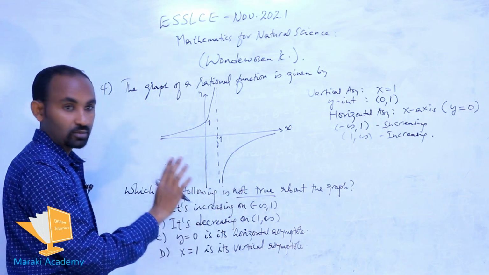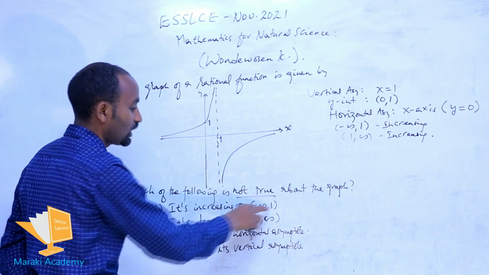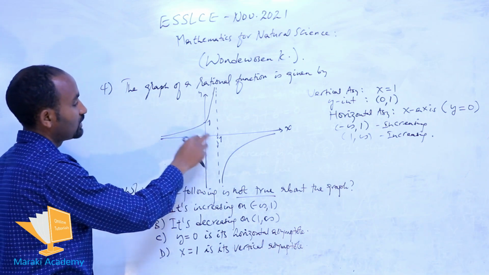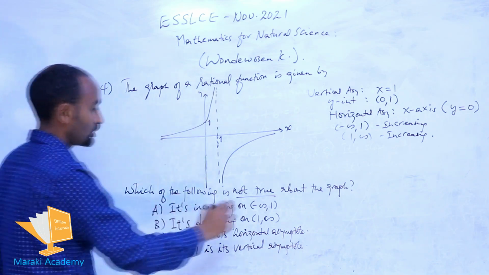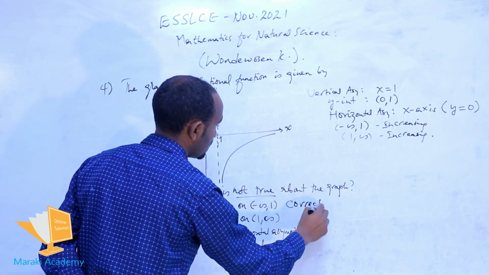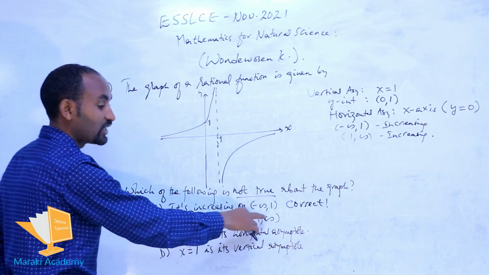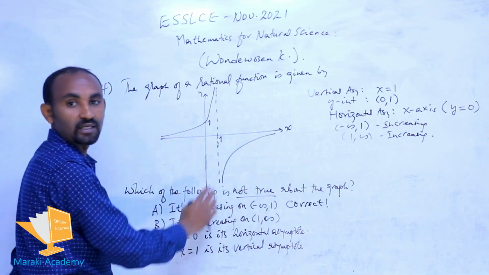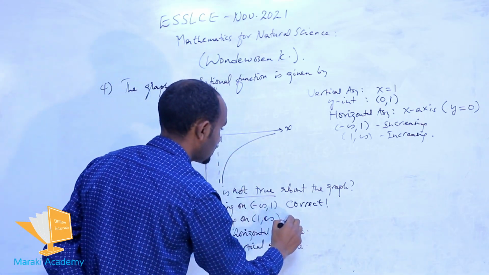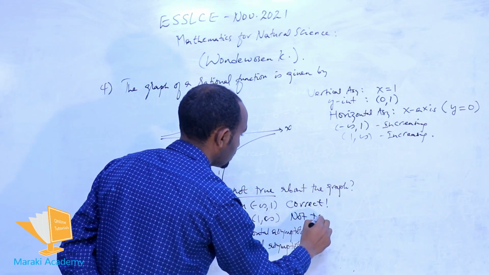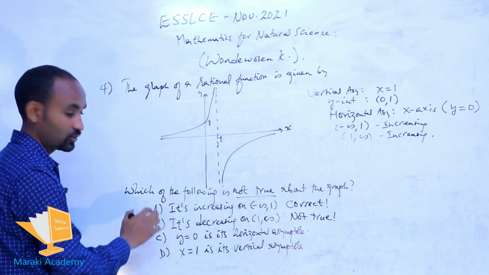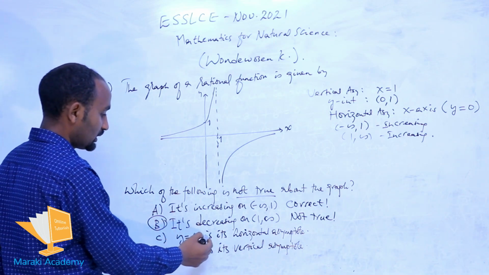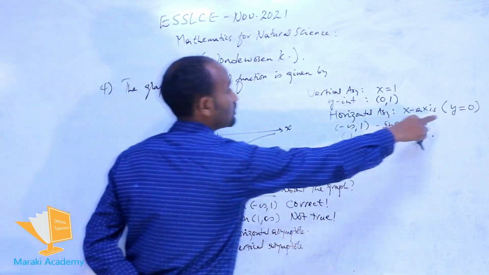Now let's come to the choices again. Choice A: the question is which one is not true. Okay, it's increasing on (minus infinity, 1), that's right. From minus infinity on this side up to 1 it is increasing. This part shows us that. This is correct. Y equal to 0 is the horizontal asymptote.